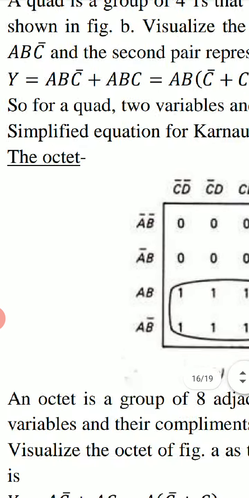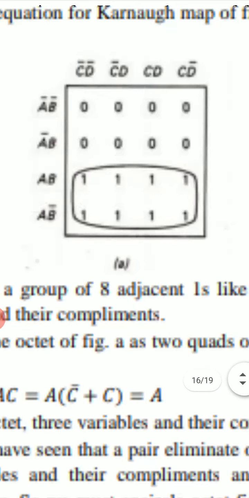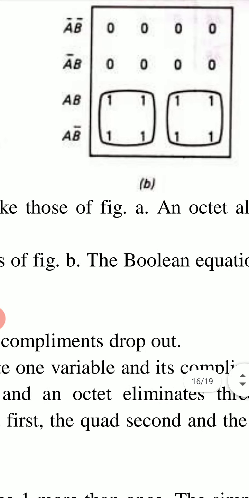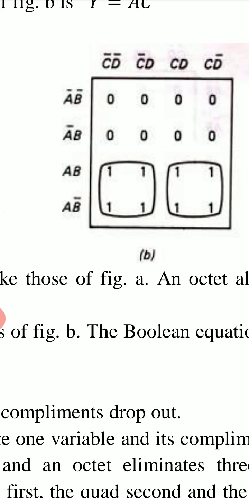And now the octet. If we have an octet, a combination of 8 ones as shown in this figure, this may be assumed as equal to these 2 quads. For the first quad we have expression A C bar, A from the left side and C bar from the upper side, which do not change, and we ignore the bits which change.